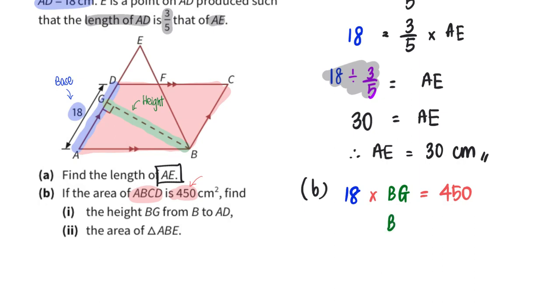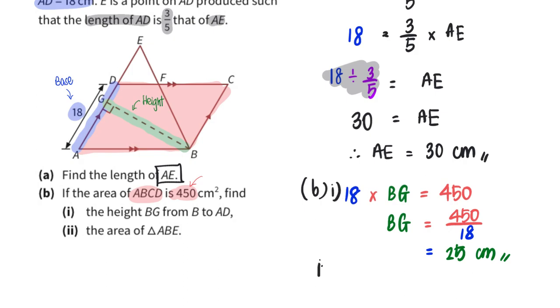And to find my BG, therefore, I will just need to divide by 18 on both sides. And this will give me a value of 25 cm. And this is for B part 1.